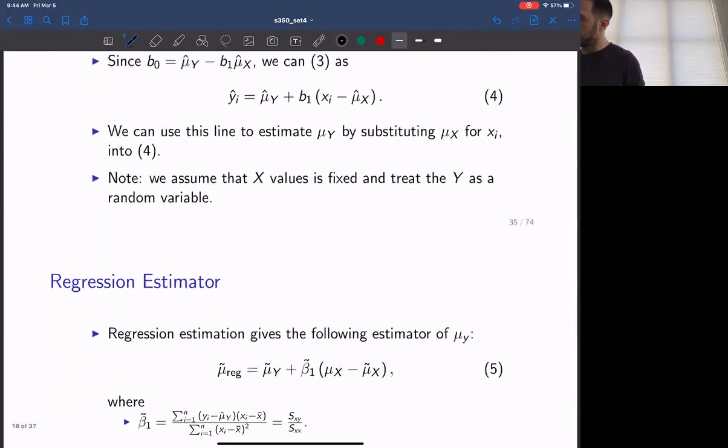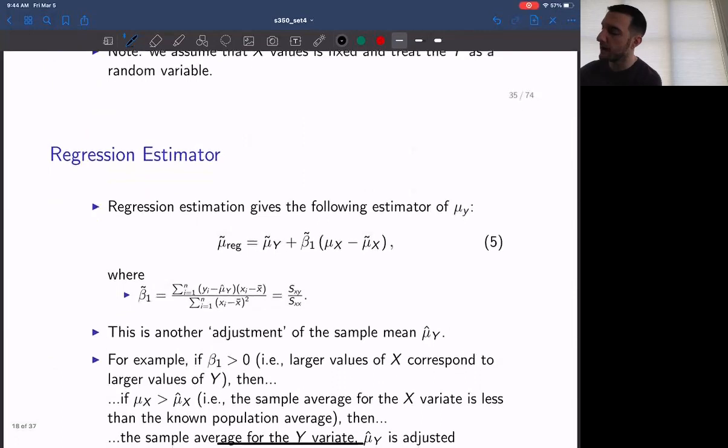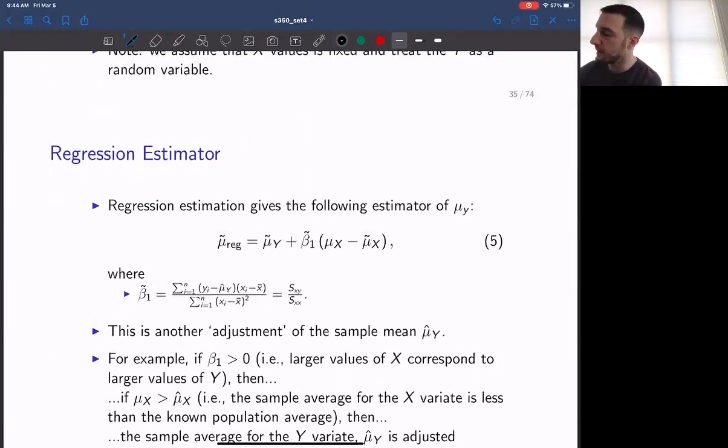All right, from this, we can show that a regression estimator for the mean is given in equation 5. So here we have mu tilde y plus beta 1 tilde times mu x minus mu tilde x. So you can see that we require mu x in this case.